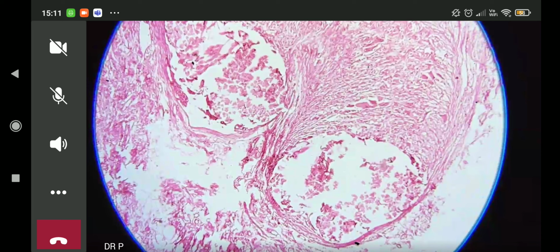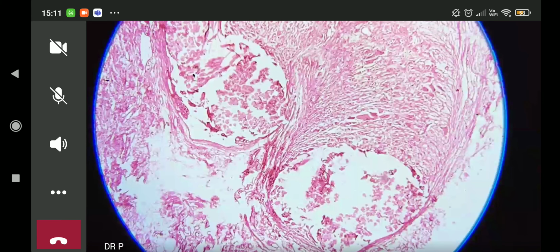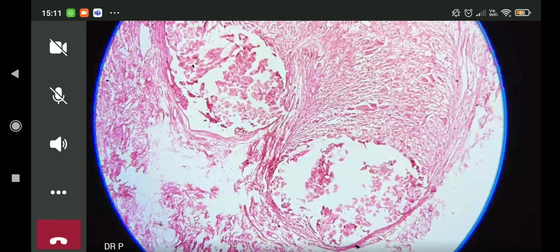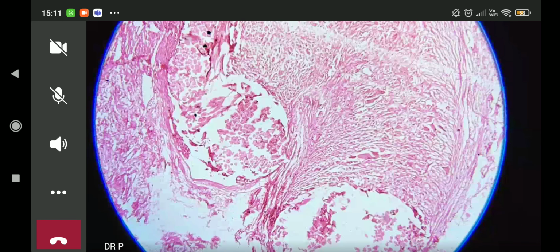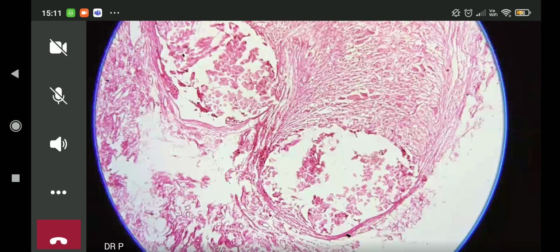Nowadays modern surgery has advanced a lot, so you have absorbable material. Sometimes the body doesn't tolerate these suture materials, so the body isn't able to digest the foreign material and a response starts. So this is nothing but a foreign body granuloma.